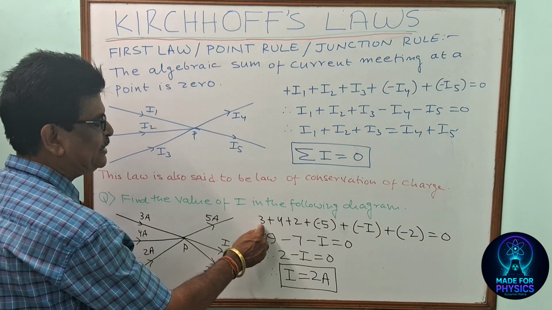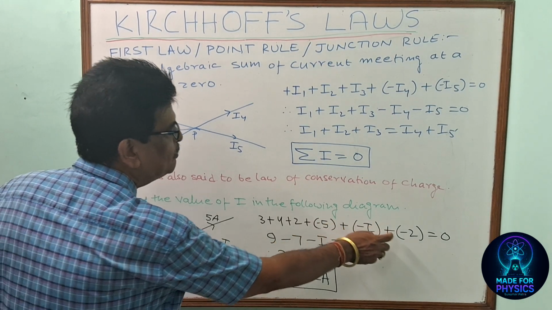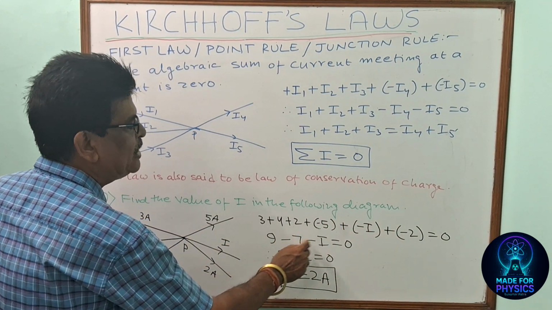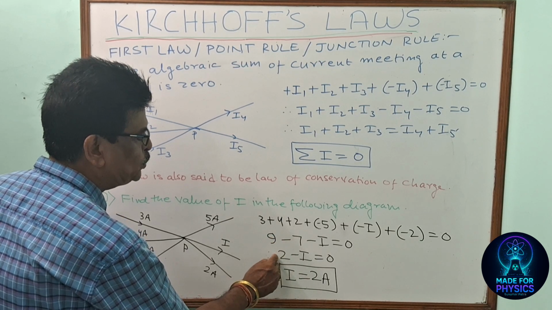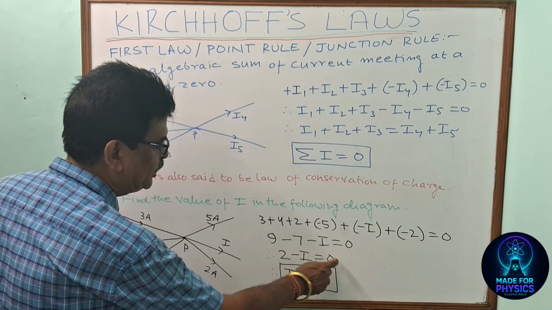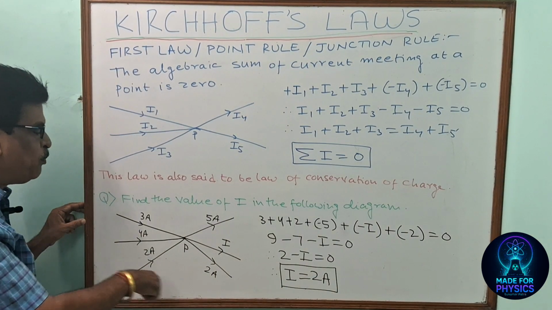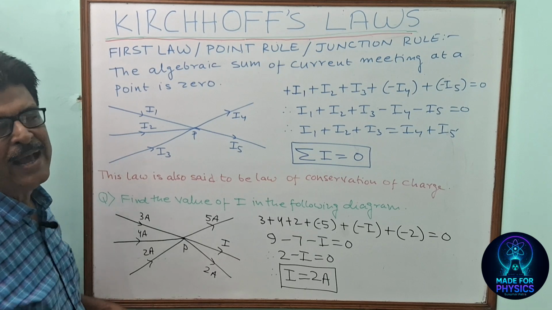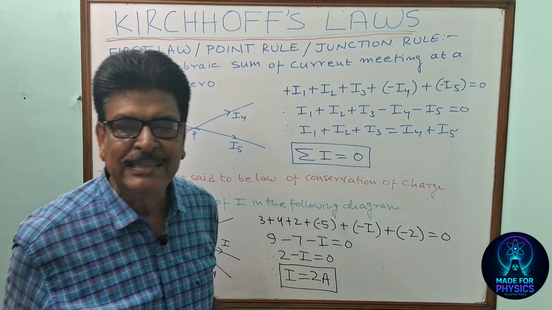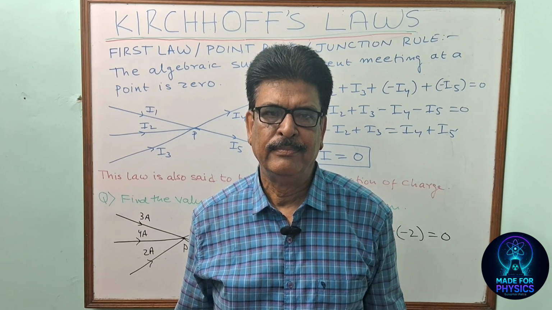Therefore 3 plus 4 plus 2 becomes 9, minus 5 and minus 2 becomes minus 7, and then minus I. So 9 minus 7 is 2, 2 minus I is equal to 0, therefore I is equal to 2 ampere. So using the point rule, we have obtained I as 2 ampere, and this is how you can solve this type of question. Hopefully you have understood the first law.